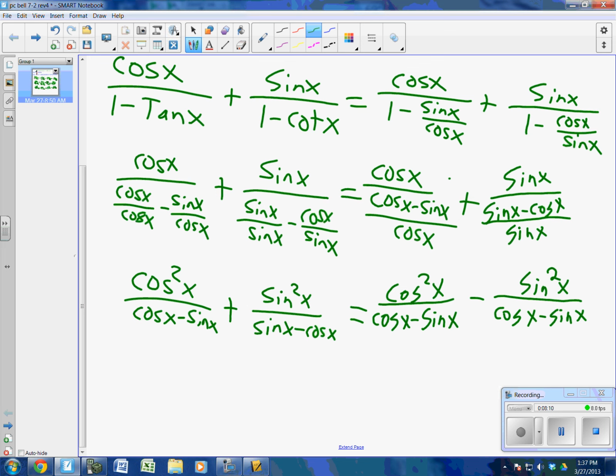So now I can combine this into one fraction. Cosine squared of x minus sine squared of x all over cosine of x minus sine of x, right?